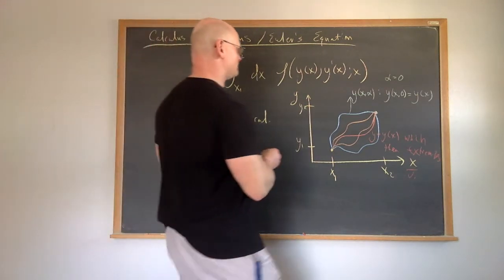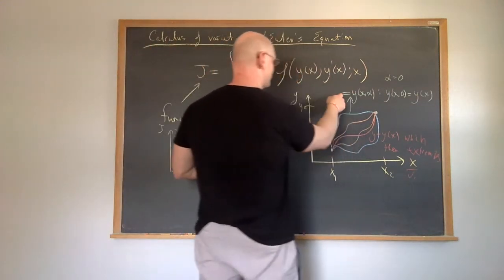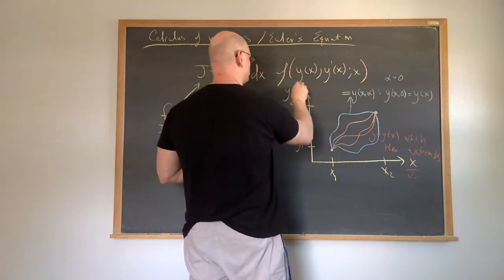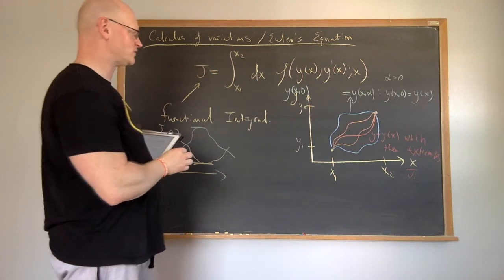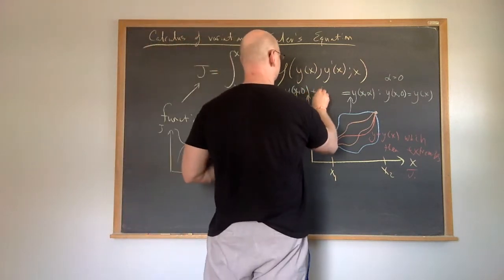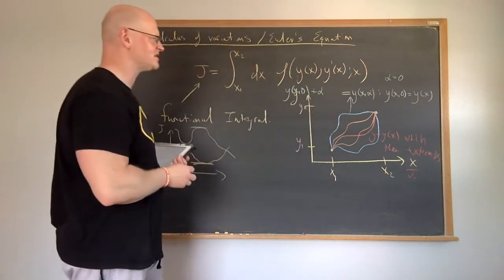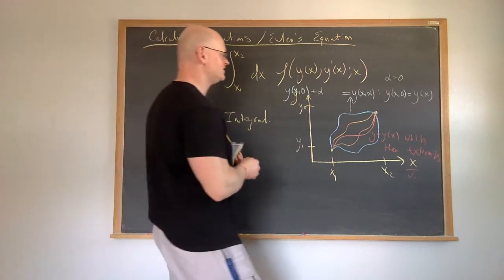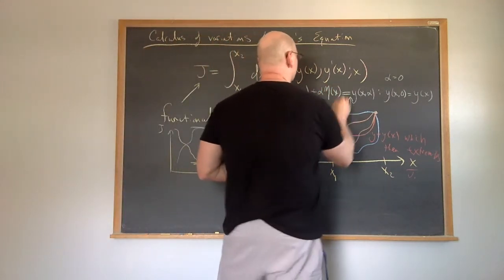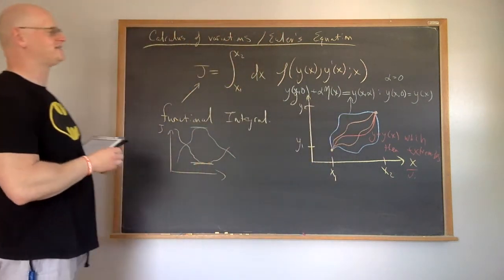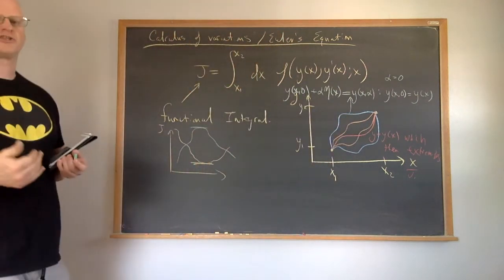Now, to do that, we're going to say that this is equal to y(x) evaluated at alpha equal to 0, plus alpha, which is the variable that we want to use to extremize, times some other function, which we're going to call eta of x, which is just some arbitrary function. Okay?